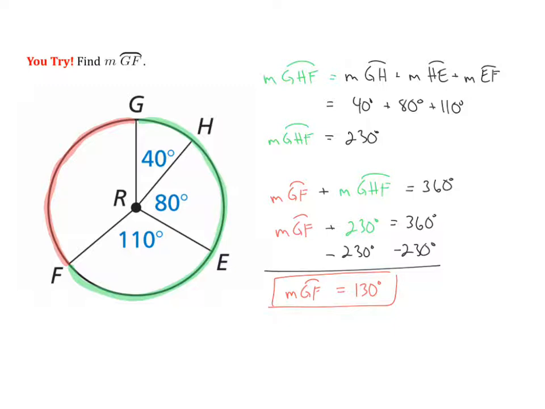So what we did here was we found the measure of arc GHF by adding all of these arcs together with the arc addition postulate. And then once more with the arc addition postulate, I knew that if I added these two arcs together, I would get 360 degrees. I substituted in for the measure of arc GHF and finished solving for the measure of arc GF.